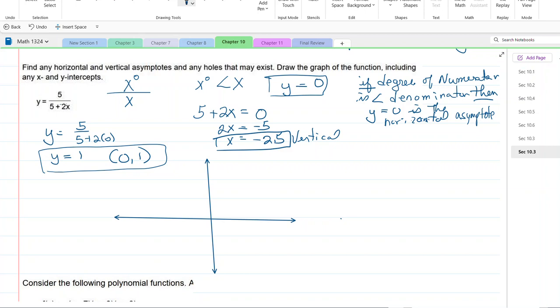All right, what we want to do is state y equals 0. So I have this line right here for my horizontal. My vertical is negative 2.5. So I'm going to do that one next. 1, 2, 3. So I'm going to say this is my vertical.